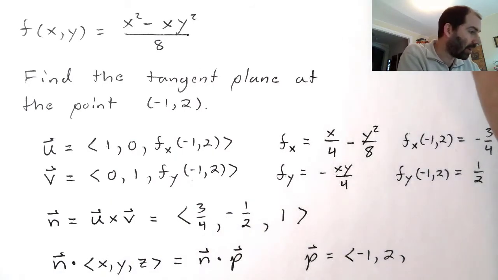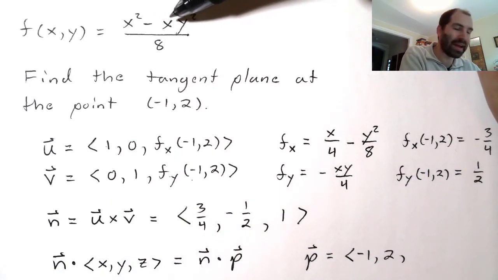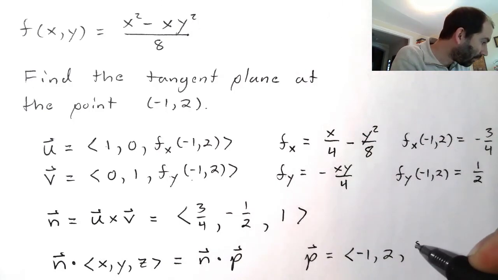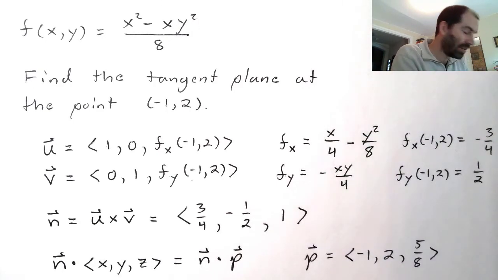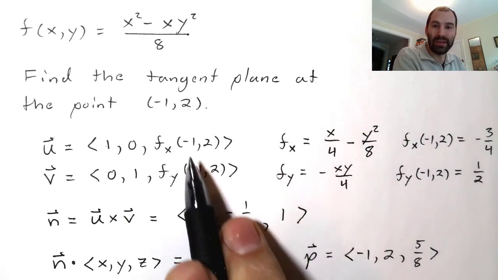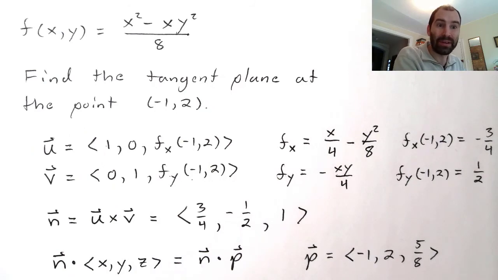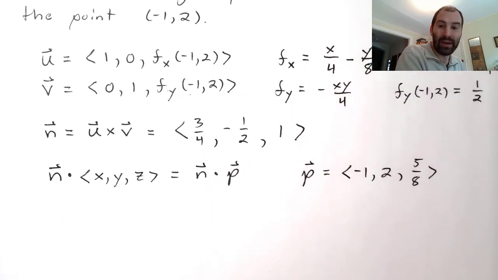Let's see, what do I get there? 1 minus -4, right? So that's 5/8. Just plugging these numbers into the function gives me the height of the graph, and that's the height of the point, right? So that's how I get my plane here.